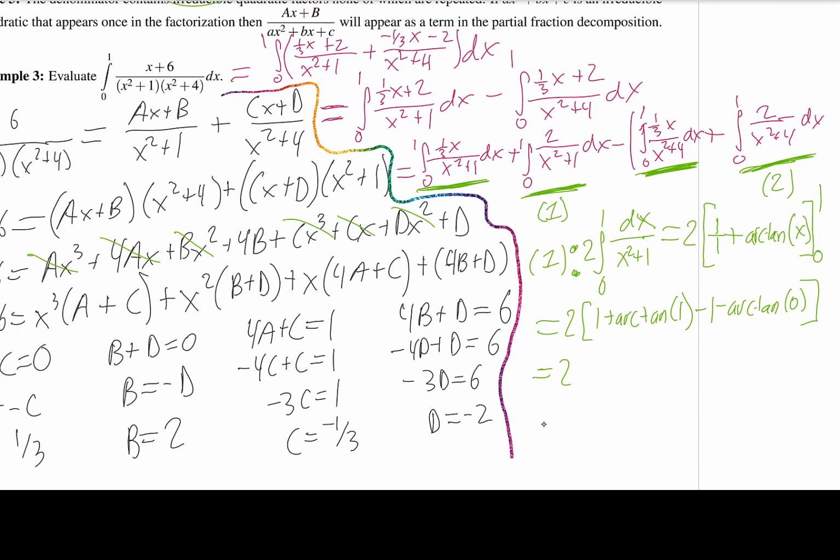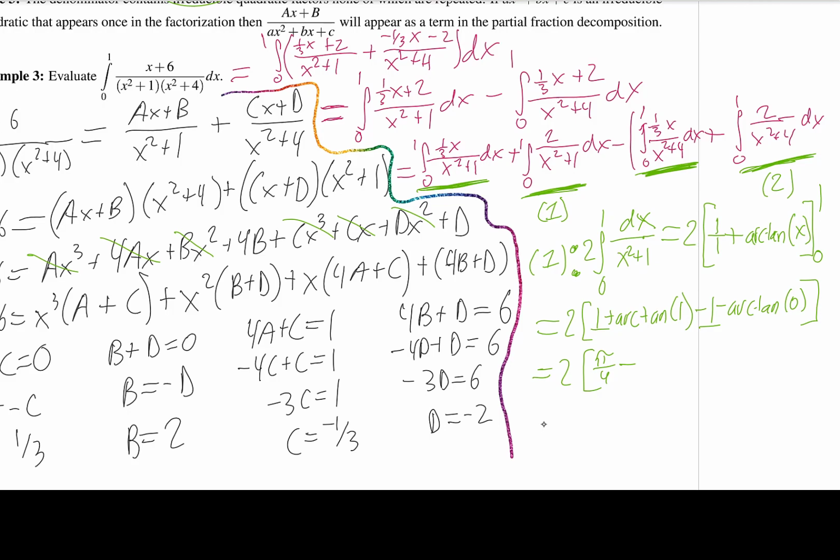And so remember that arctan of 1 is like saying, okay, tangent of what radian value will give us 1. Well, tangent's equal to 1 when we get square root 2 over 2 divided by square root 2 over 2. And that happens at pi over 4. So our 1's cancel, and then this becomes pi over 4 minus arctan of 0.